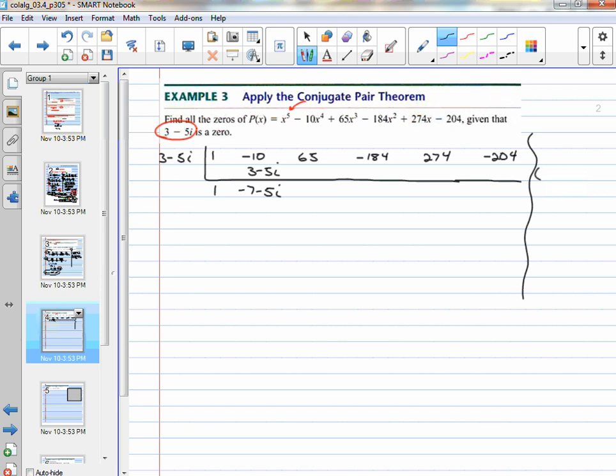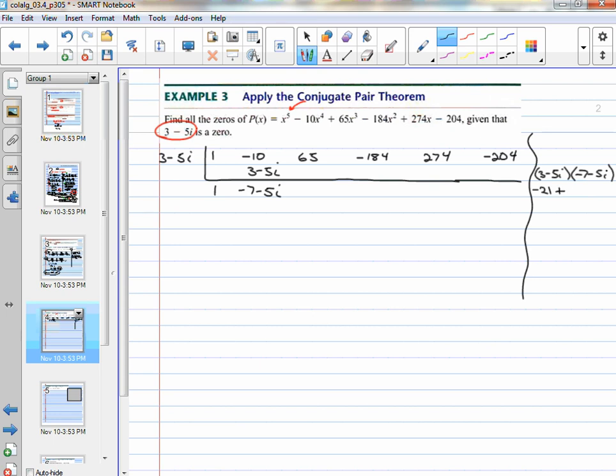Now this one is going to be a little bit more fun than the last one. 3 minus 5i times negative 7 minus 5i. The last one had lots of things that just canceled for us. Well, my first terms would be negative 21. My outside are negative 15i, and the inside is positive 35i. What's negative 15 plus 35? 20.